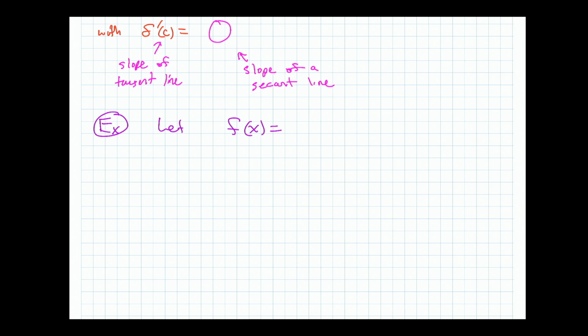They say f of x is negative 8x squared minus 64x minus 49. Note f of negative 7 equals f of negative 1, and that is also 7. And then they want to find the value of c.